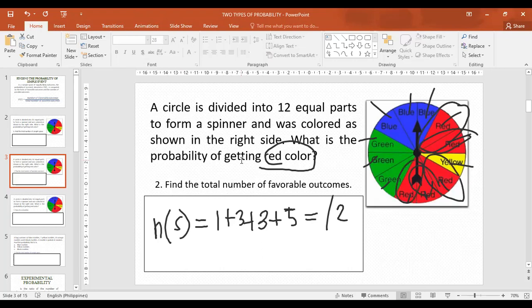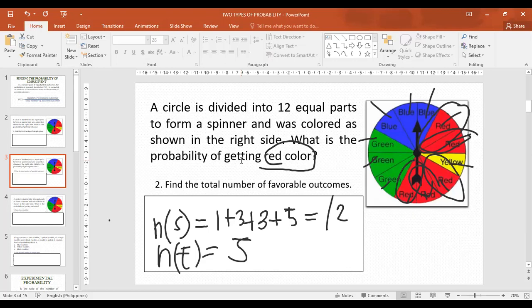So, ito yung number ng favorable outcomes natin. So, isusulat lang natin ay N equals 5.